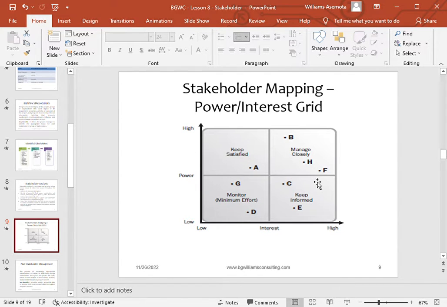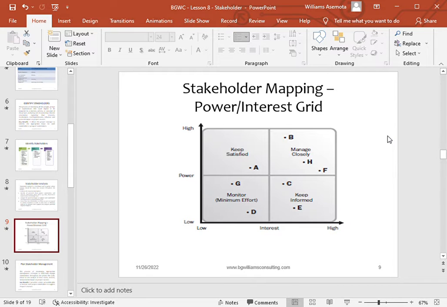Which means in carrying out stakeholder analysis, we have different methods that can be used. You can use the power interest grid method, the salience model method, the power influence method. Then we also have the stakeholder cube method.